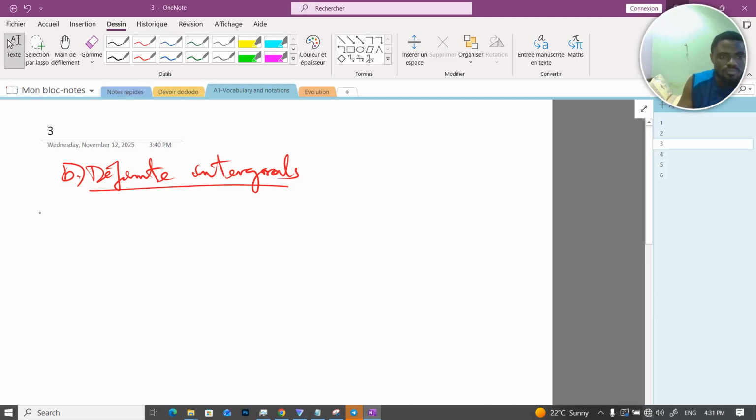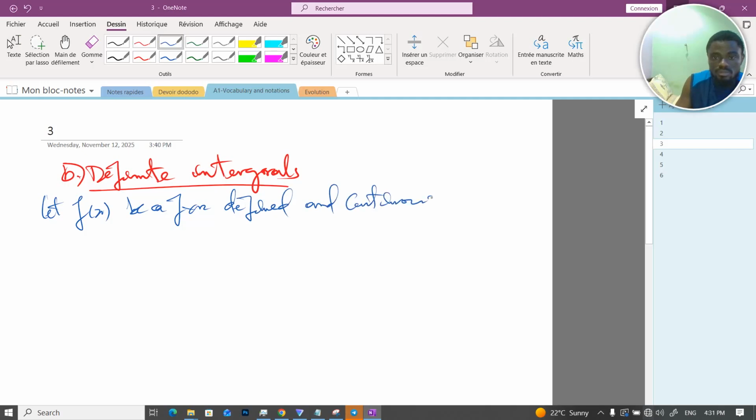Okay, let f of x be a function defined and continuous on I. And you see, this I is an interval.